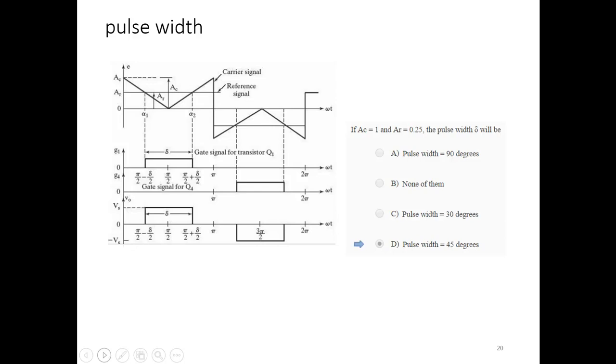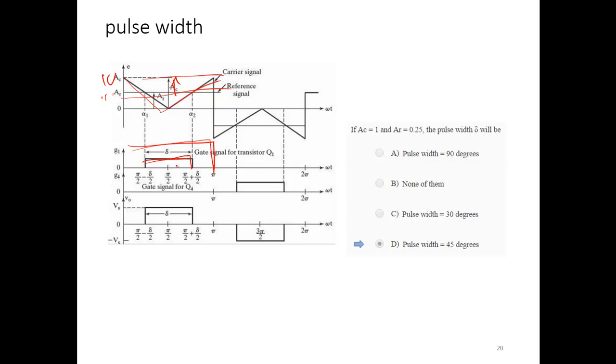You take a triangular waveform and compare it with the DC, and you can see the width of the pulse can be varied. If you make it the maximum, that will be 180 degrees. But if you make it small, you can make the width vary depending on that.